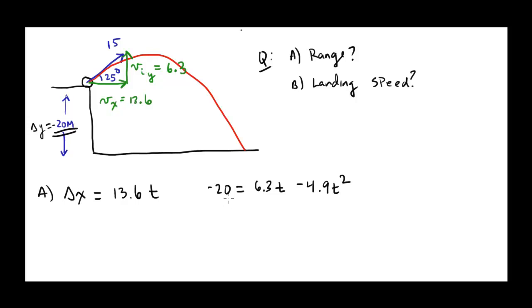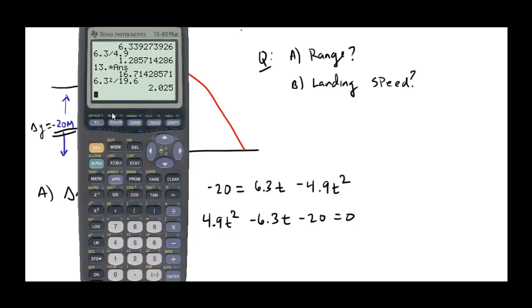There's not a 0 over here, so I can't go ahead and factor out a t. That doesn't work. What I'm going to do is move everything over to the left-hand side, and I'm going to say 4.9 t squared minus 6.3 t minus 20 equals 0. This is a quadratic equation. I recommend that you solve this by graphing.